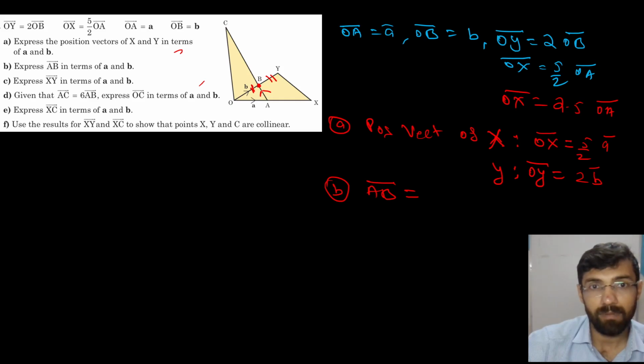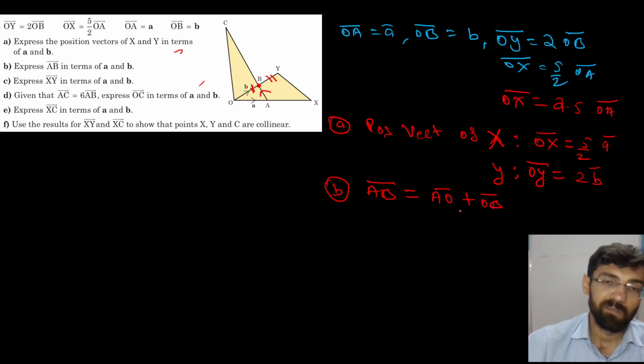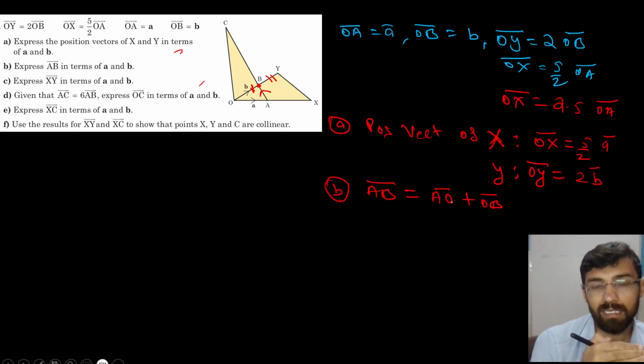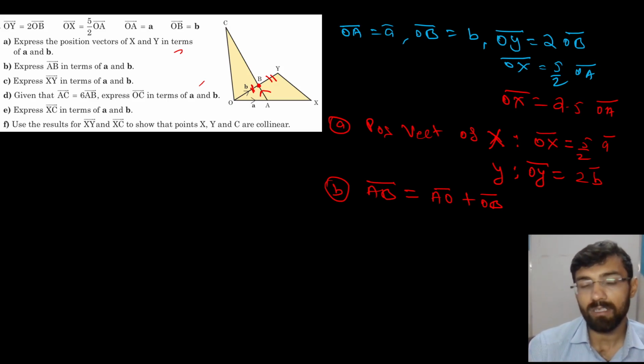AB vector is nothing but AO vector plus OB vector. When you travel AO and then OB, you have the same displacement.